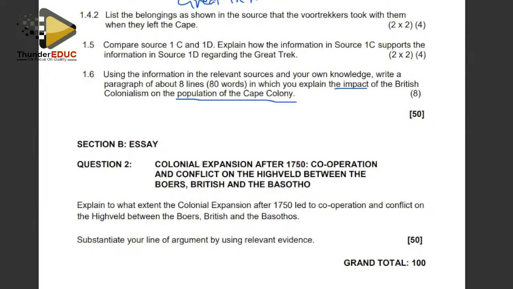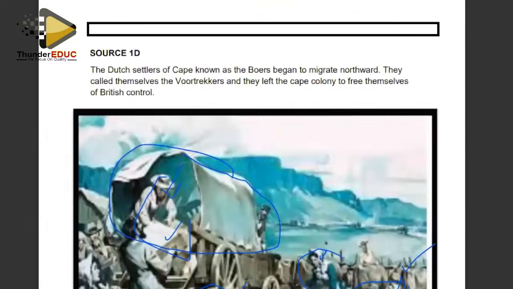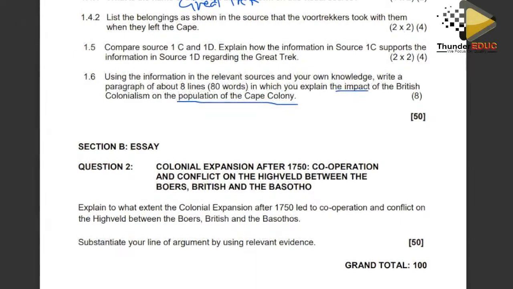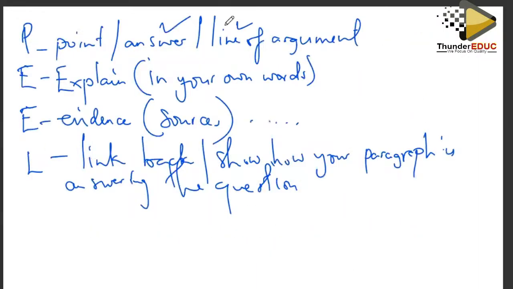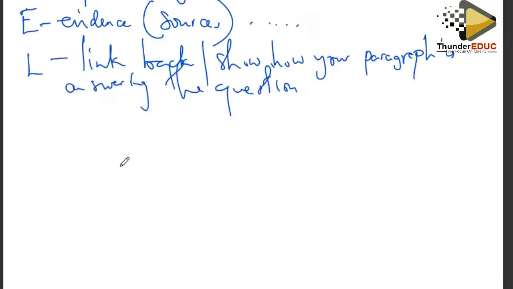So you are saying, when you open, you must want an answer first, because the question is asking about the impact.